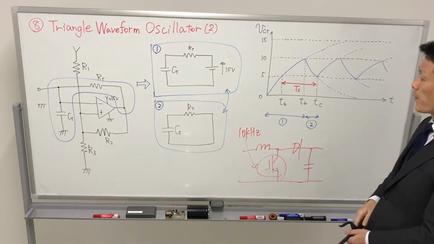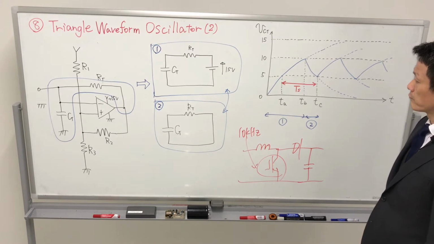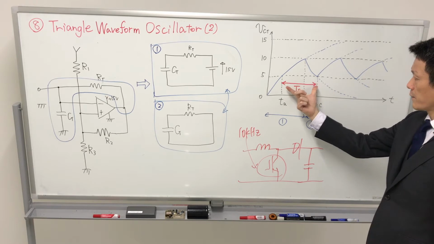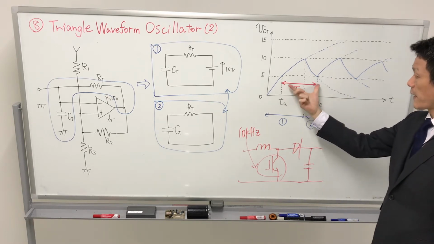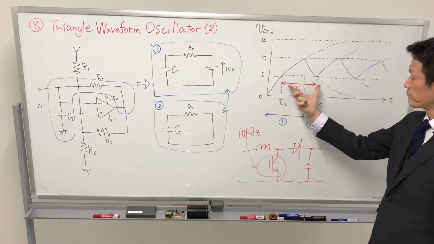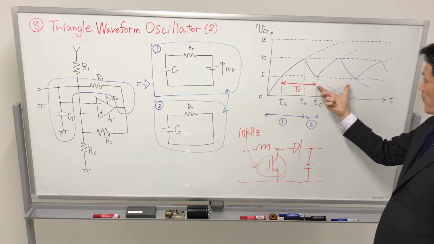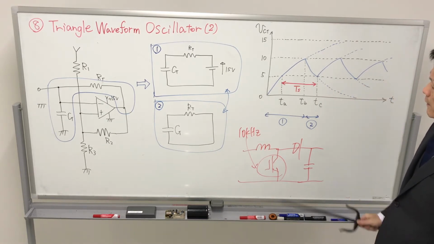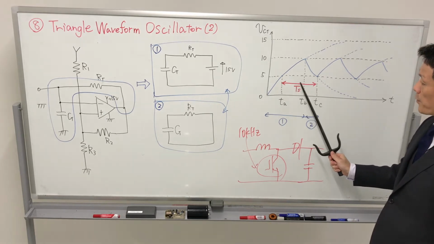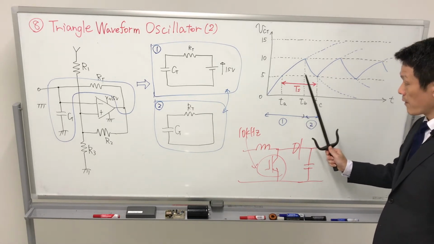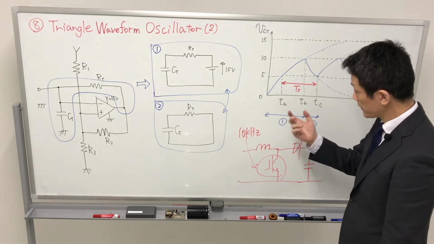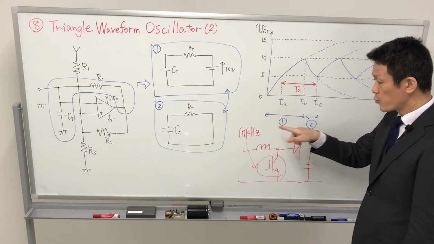The timing TS, the period, decides this term, and this term repeats alternately. If you obtain this term and invert the TS, you can obtain the switching frequency.